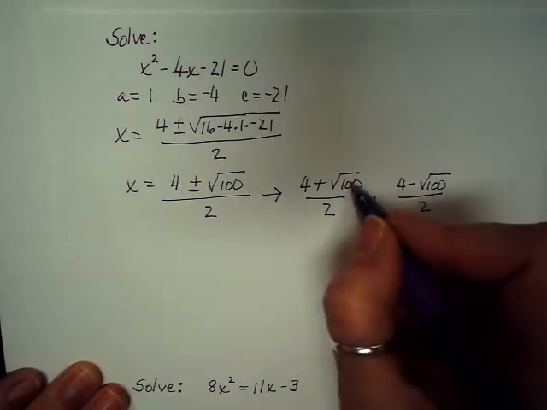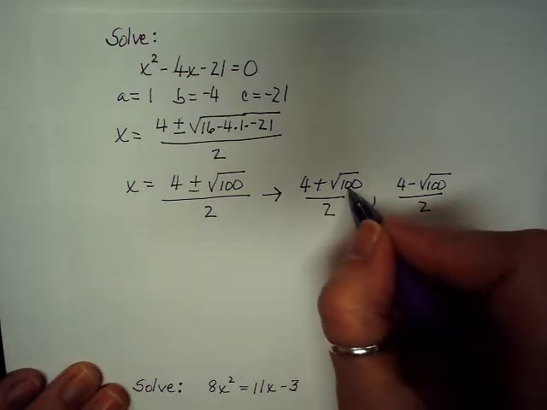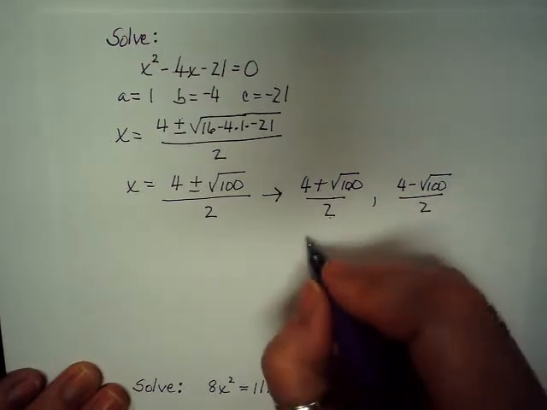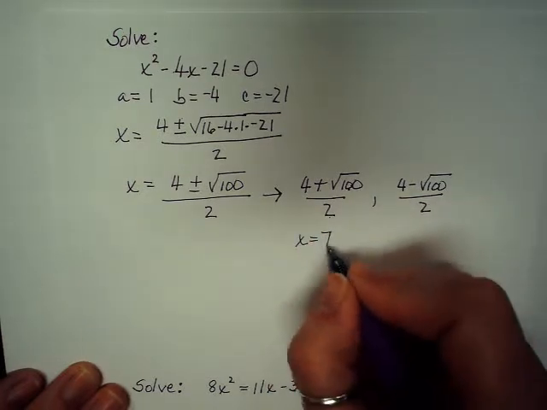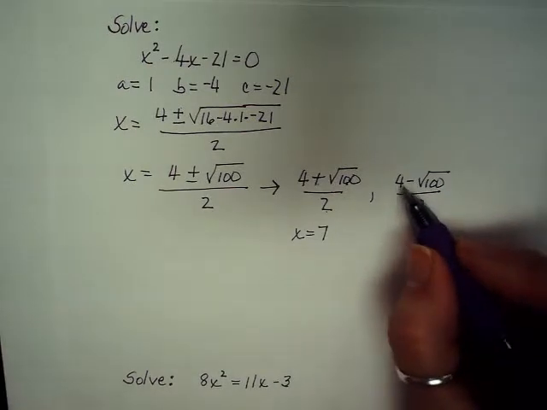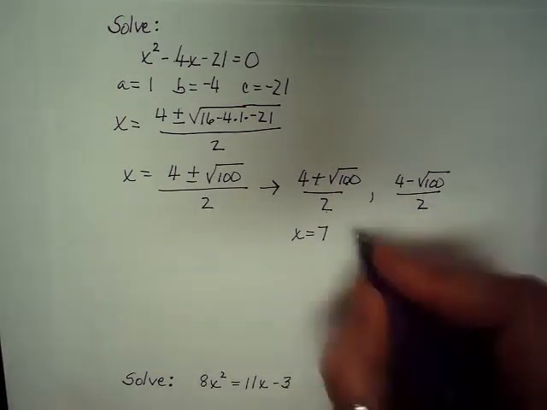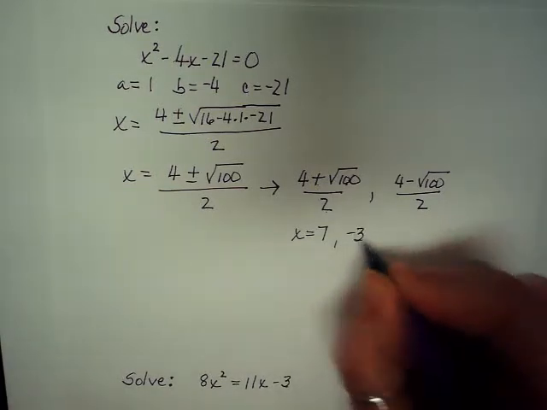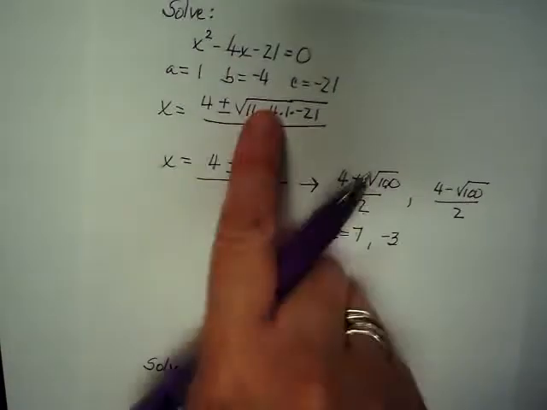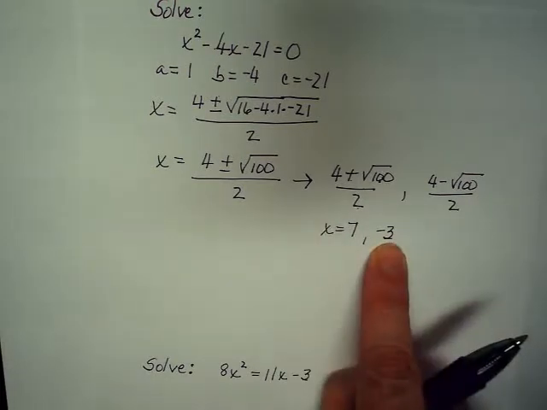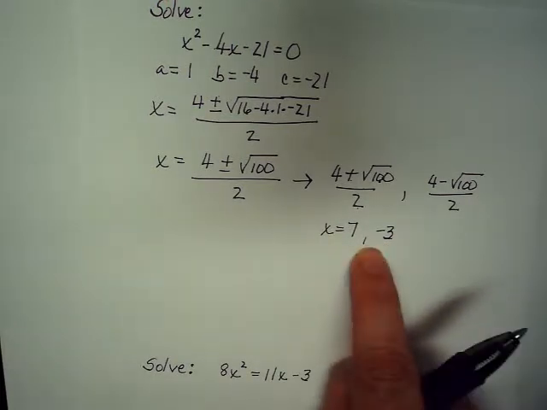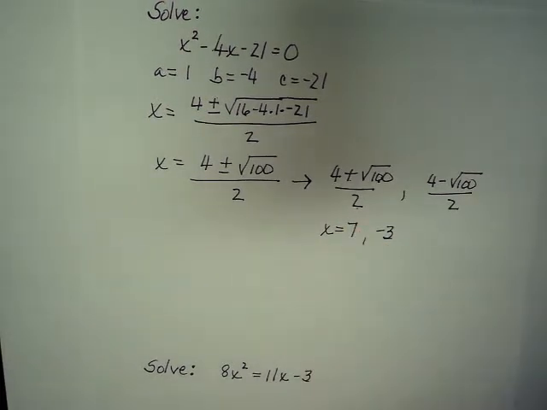The square root of 100 is 10, so 4 plus 10 is 14, divided by 2 is 7. So x is 7, and 4 minus 10, which is -6, divided by 2 is -3. So there's your 2 locations. Again, this probably could have been factored, but you need to practice some that are easy too, like this.